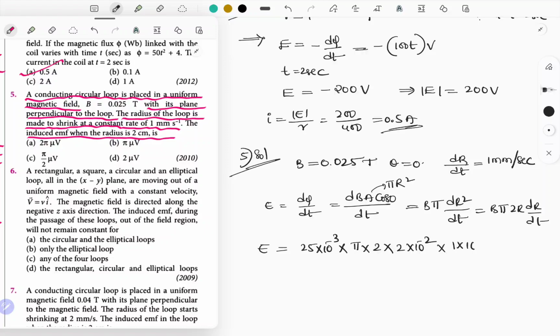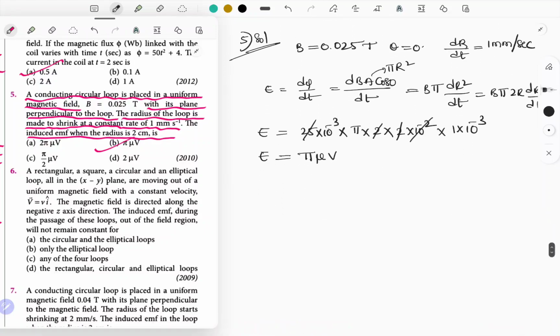I can replace it as just 1 into 10 power minus 3. 25 fours are 100 into 10 power minus 2 will get cancelled out. Now 10 power minus 3 into 10 power minus 3 is going to be 10 power minus 6. Then what's the answer I'm going to get? It is going to be pi microvolt. Pi microvolt is the answer. Got it? Which option matches? Option B is the correct answer.